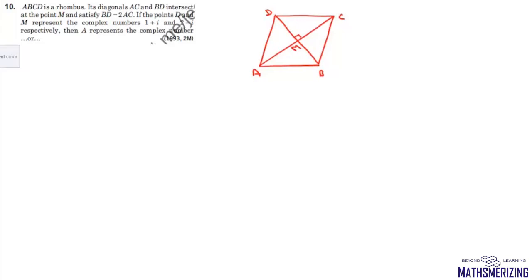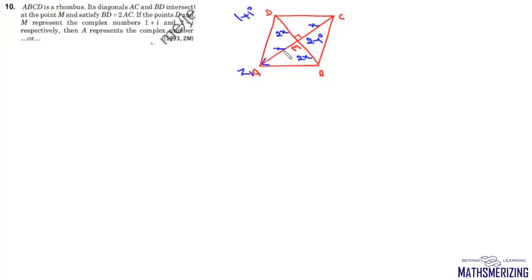Now it also says BD is equal to 2 times AC. So that means if this is x and this is x, then this is 2x and 2x. Now it says if the points D and M are 1 + i and 2 - i, then we need to find coordinate of A and say this is Z1.